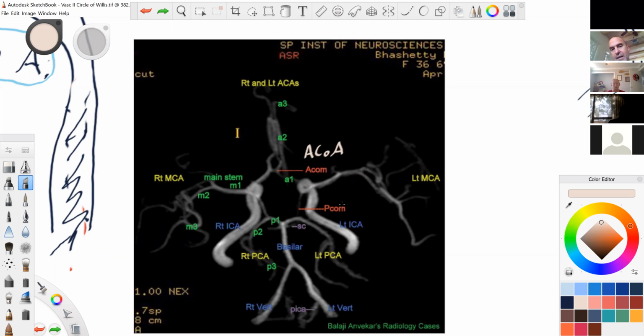You can do it with a regular transducer, like a phased, something with a small footprint, very low frequency, and you are able to get just enough sound through the temporal bone to hit the arteries, and then just enough of an echo coming back for you to actually see something.